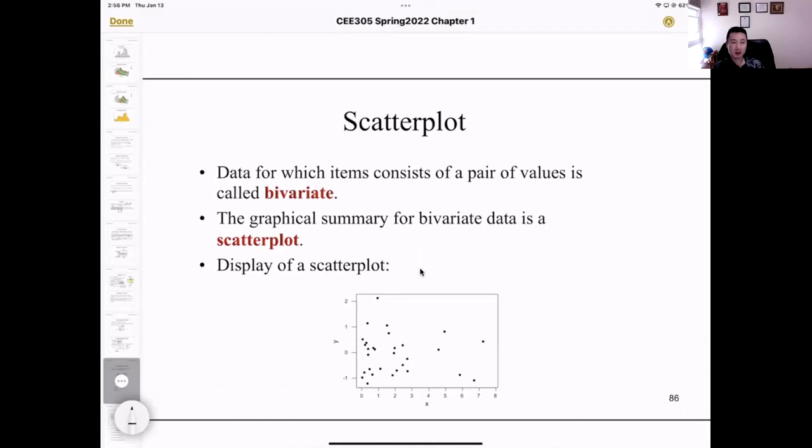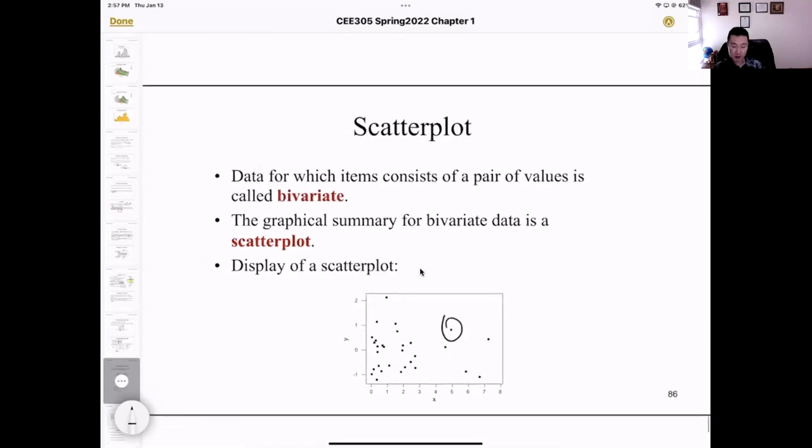Data for which each item consists of a pair of values is called bivariate. For example, for a concrete block, we measure the strength of the block. We also measure the weight. So we measure 2 things. That is bivariate, and we can plot this information in a scatter plot.